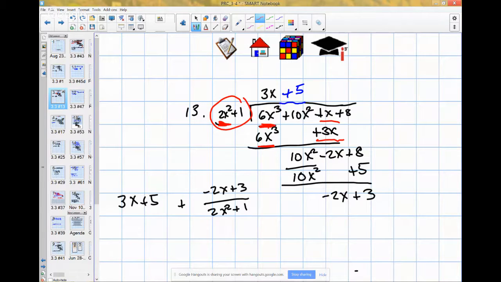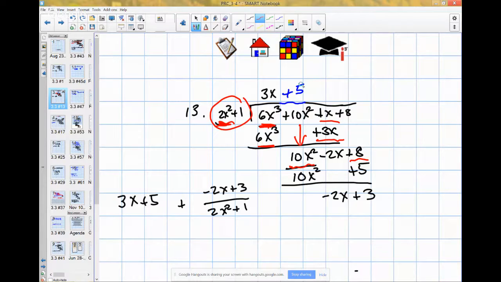Now, when you subtract, I still have to subtract this column too. The 6x cubes, yeah, they're gone. 10x squared, well, I still got a 10x squared. And what's x minus 3x? A negative 2x. Okay, bring down the next term, plus 8. Now you've got to say to yourself, what times 2x squared equals 10x squared?